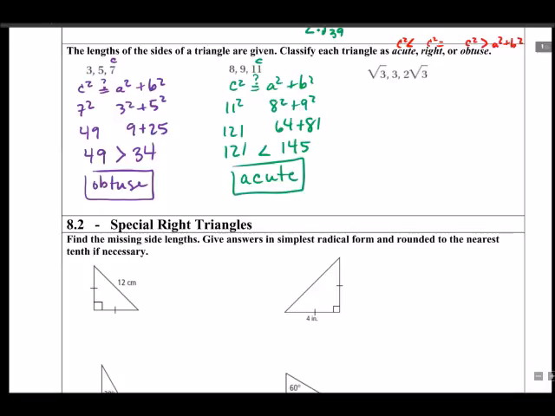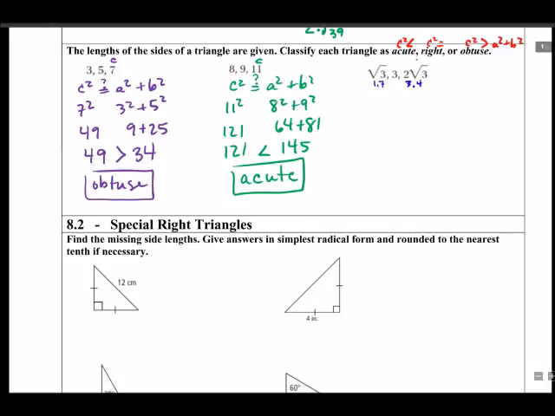And the last one, well, how do we know how big these numbers are? Well, square root of 3 is about 1.7, which is less than 3, and 2 times 1.7 is 3.4-ish.